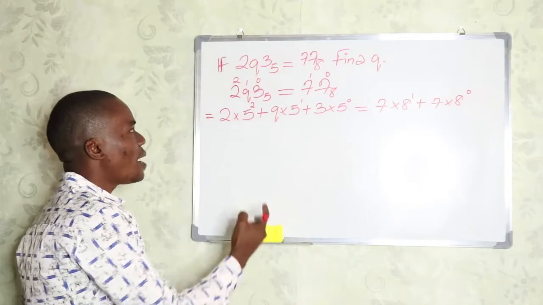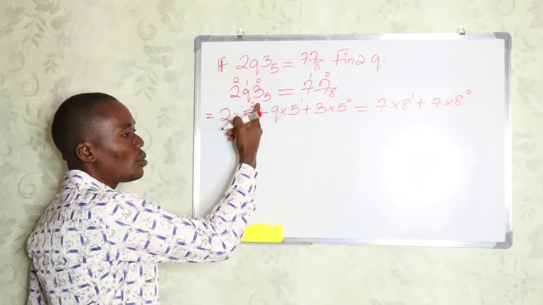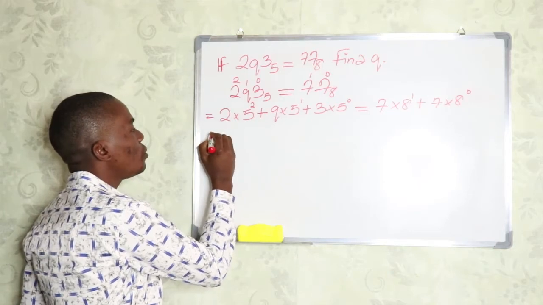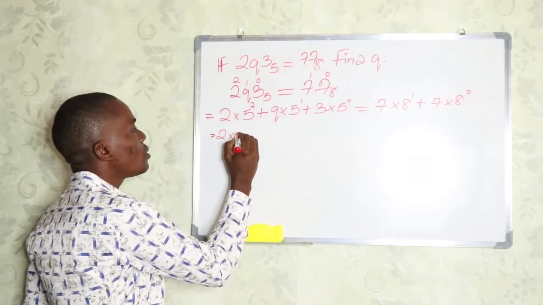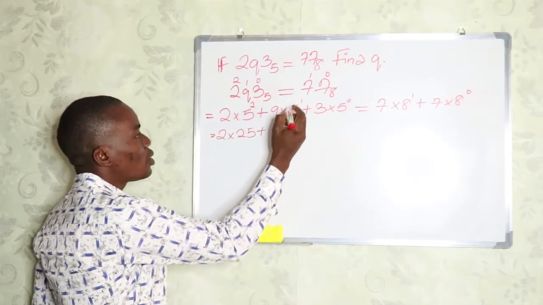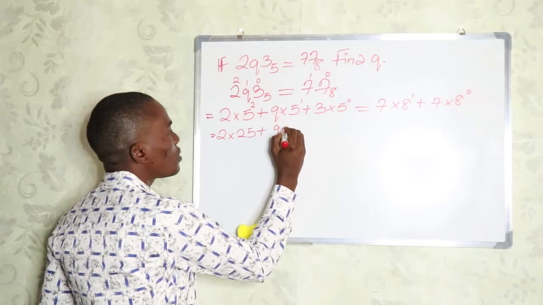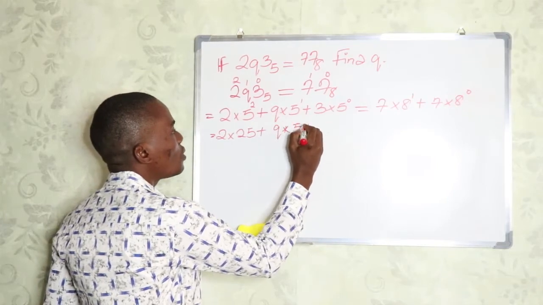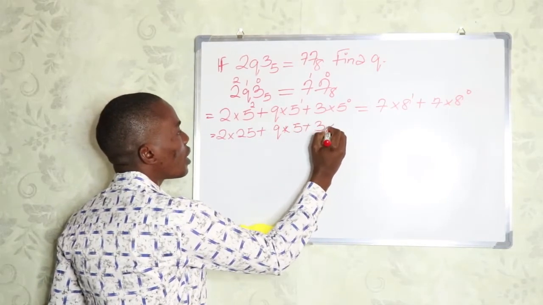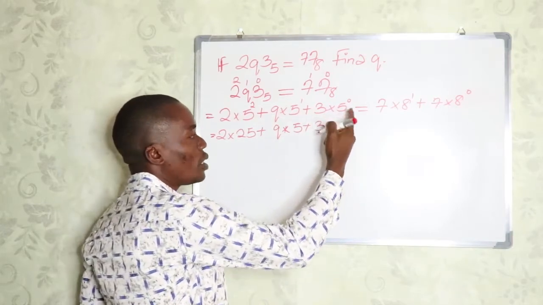Now if we simplify further, 5 raised to power 2 is going to give us 25. So this will be equal to 2 times 25 plus 5 raised to power 1 is 5, so q times 5, plus 3 times 5 raised to power 0, and remember in indices anything raised to power 0 is 1.